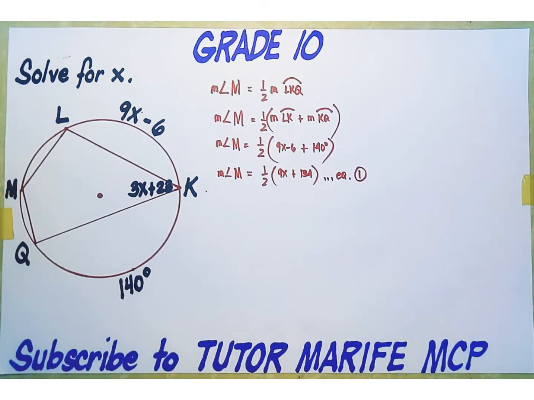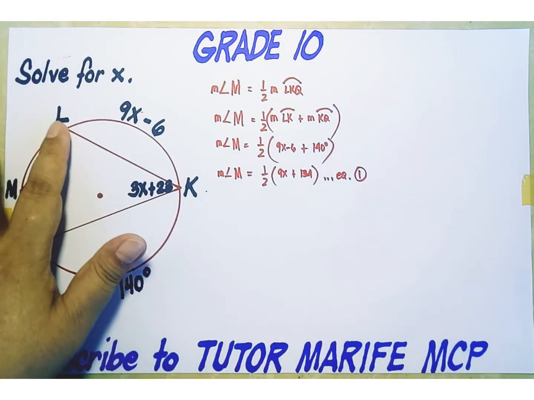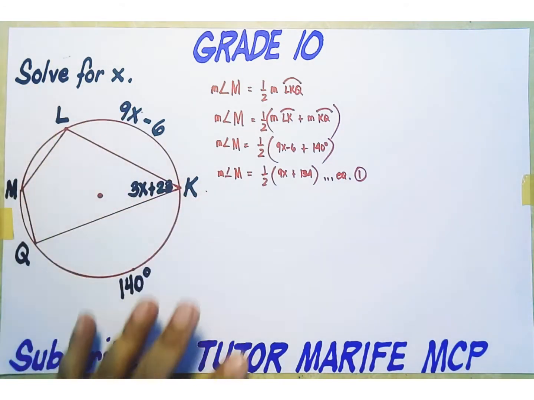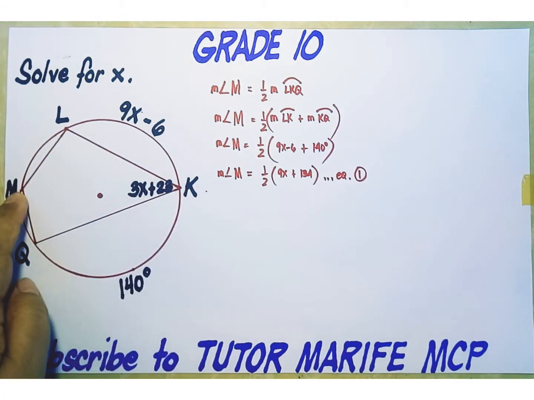Okay. Next, we're going to use the theorem relating the opposite angles of a cyclic quadrilateral. This quadrilateral LKQM is a cyclic quadrilateral because all the four vertices are on the circumference of the circle.